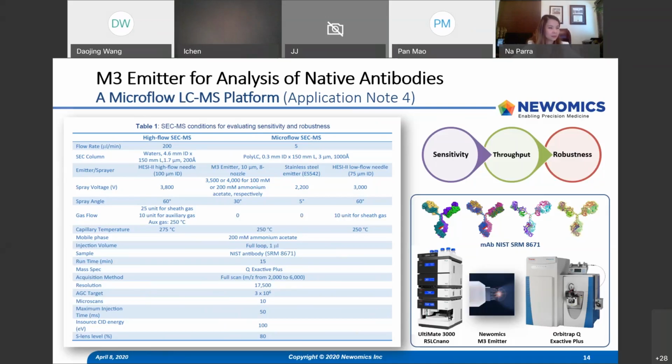We previously have shown our emitter works well for glycans. We are working on glycomics application notes pretty soon. So whatever molecules that can be analyzed by mass spec, I think our M3 emitter will help you in terms of sensitivity, robustness, and throughput.